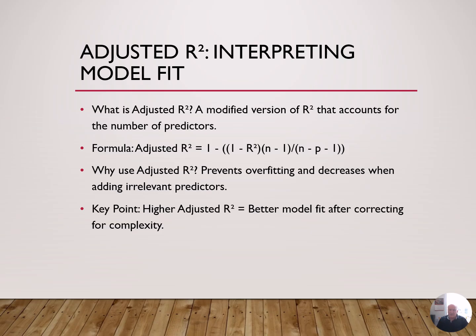So the formula for the adjusted r squared is 1 minus, r squared subtracted from 1, times the number of points minus 1, over the number of points minus the number of predictors minus 1.